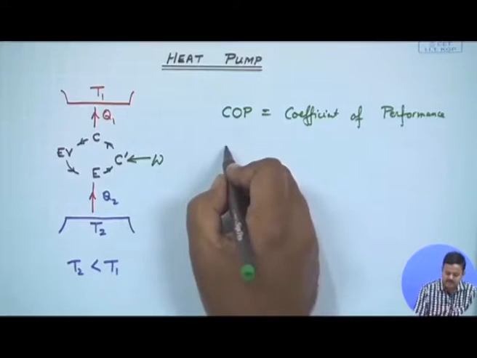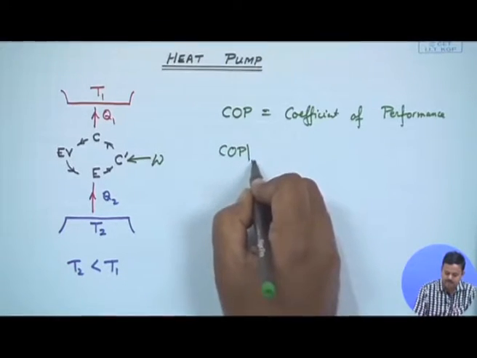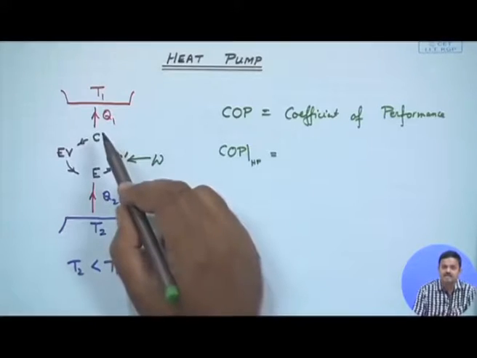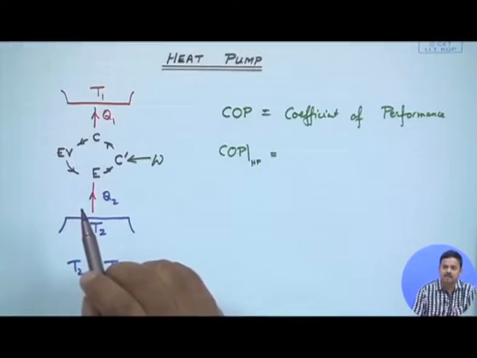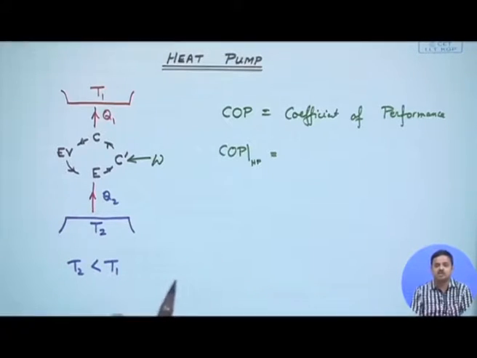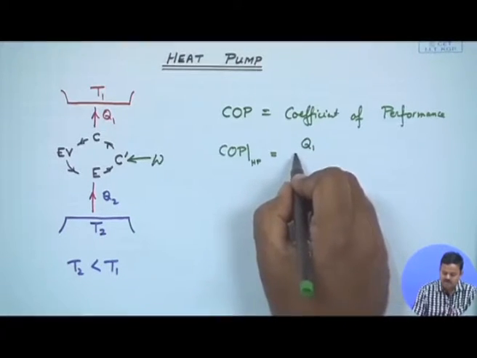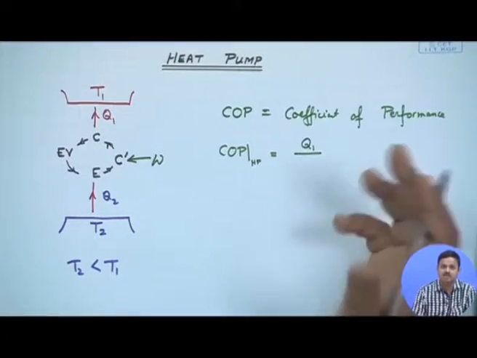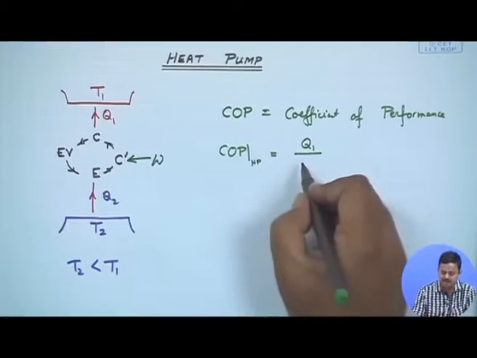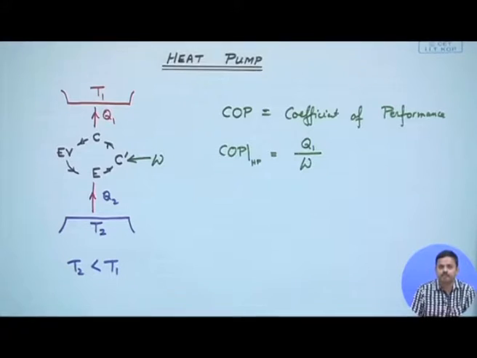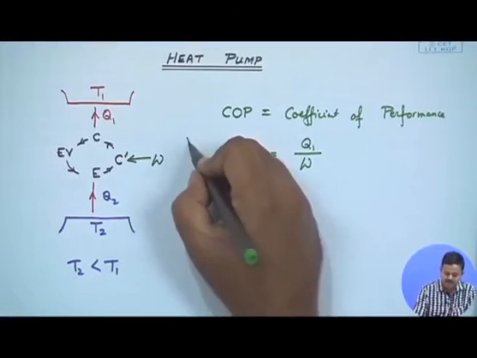The desirable effect for a heat pump is Q1, the amount of thermal energy which I can use at an elevated temperature. I wanted to generate thermal energy at a high temperature, which is a higher grade of energy, so Q1 is my desired effect. And the penalty that I put in, in terms of the energy I have to spend to get that, is W.